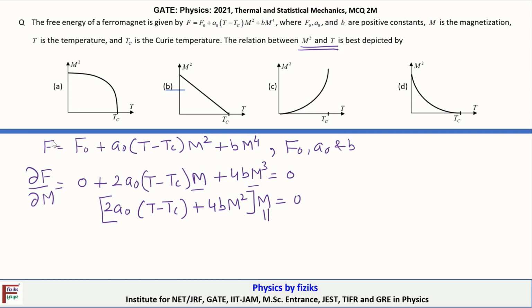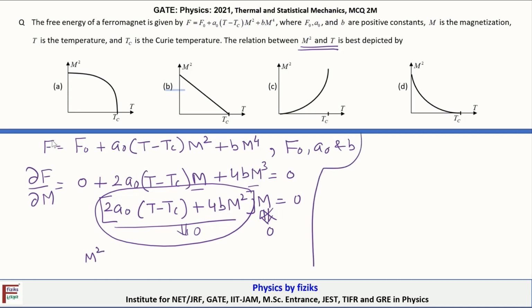Because it's a magnetic system, M cannot be equal to 0. So the only option left is that the expression inside the bracket has to be equal to 0. After rearranging the terms, I'm going to write the expression for M square directly.